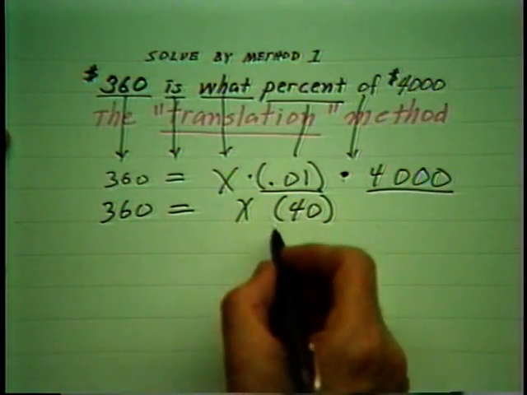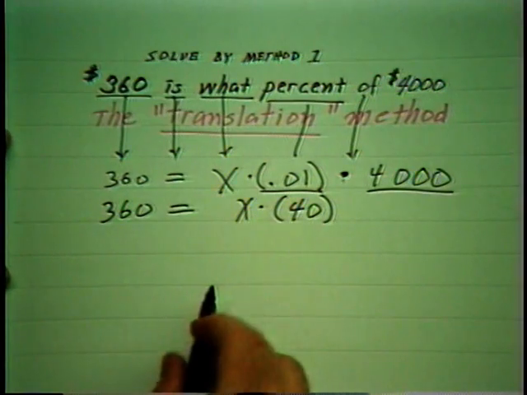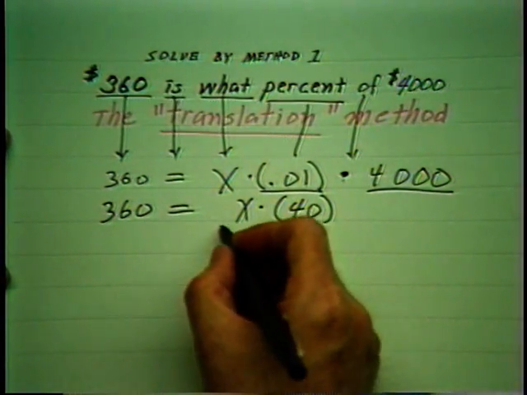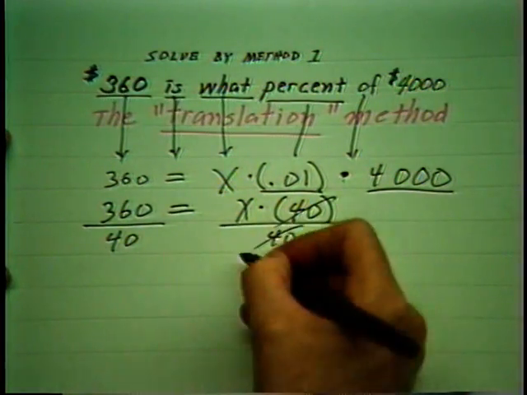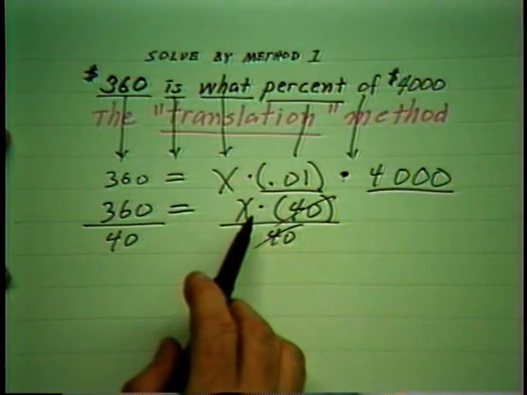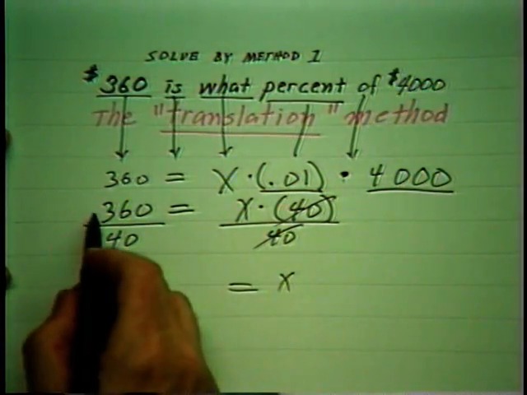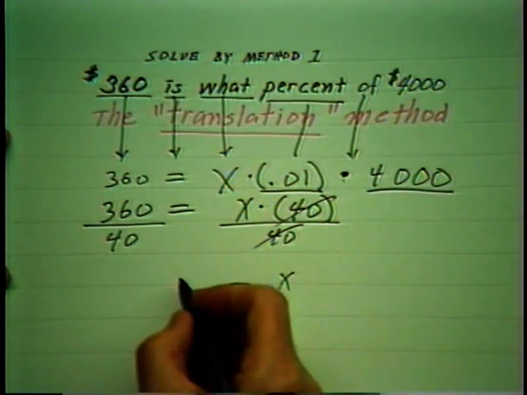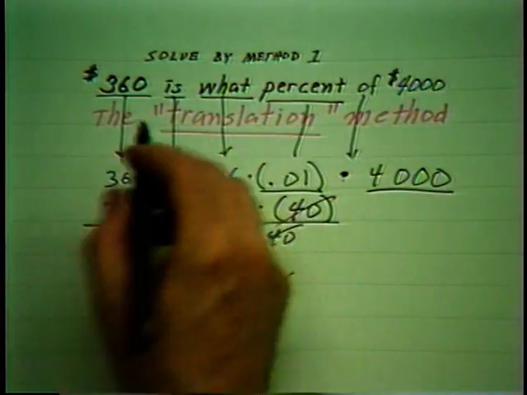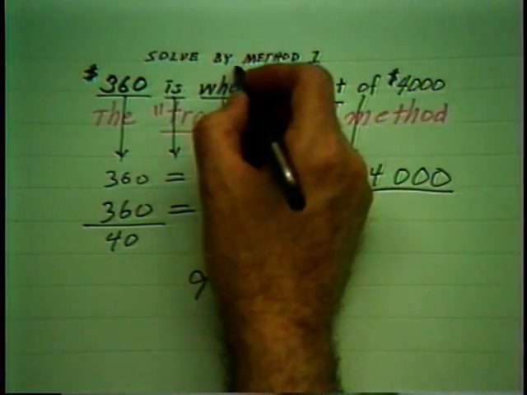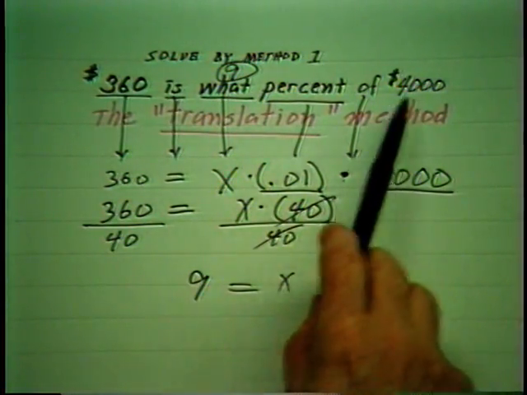And if you have an equation where the unknown is being multiplied by a number, you undo the multiplication by division, and now you have your answer. x is 360 divided by 40, which is 9. So as it turns out, 360 is 9% of $4,000.